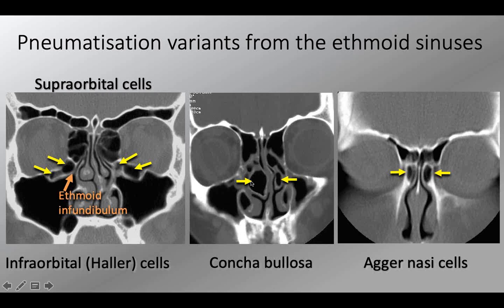Concha bullosa is very common and easily seen by the ENT surgeon, but it may cause obstruction of the middle meatus and also dislocate the uncinate process laterally. And then we have the agger nasi cells. This is the most anterior ethmoid cells.